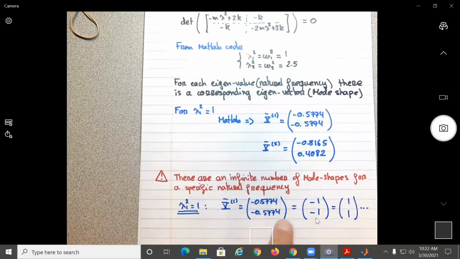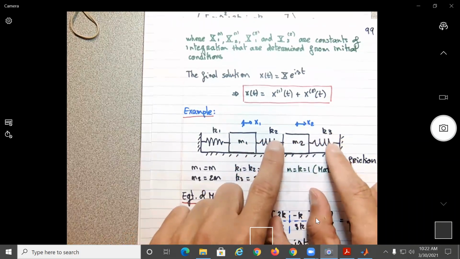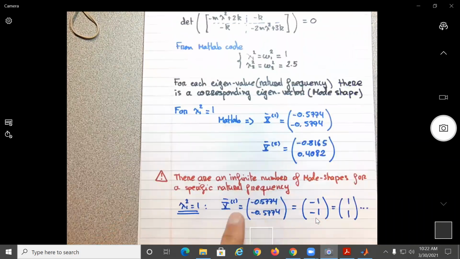Because you see here you have multiple ones, no? They all have different values, but they all have the same behavior. What this is showing you is that these blocks, no matter what you do, will be moving together. If they move positive, they move positive. If they move negative, they move negative together, no? But this value here does not represent the distance.